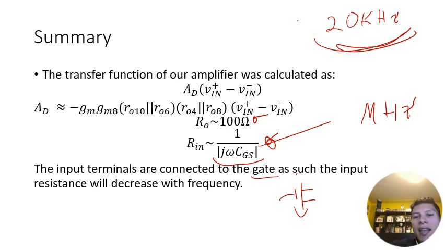Same thing for an audio amplifier: if you're going to connect it to a 20 ohm speaker, this is not acceptable. You're going to have to find an amplifier that has a much lower output resistance. All of these are things you have to keep in mind as you do engineering, that there's always going to be non-ideality, and that's mostly why we go over this lecture, so that you understand that our models give us a good idea of how things will behave as long as we use things correctly.